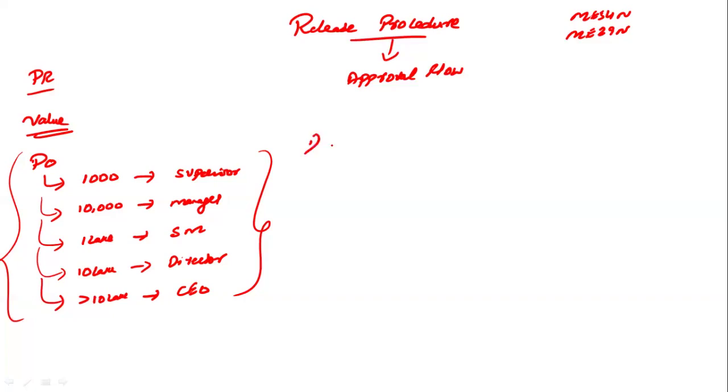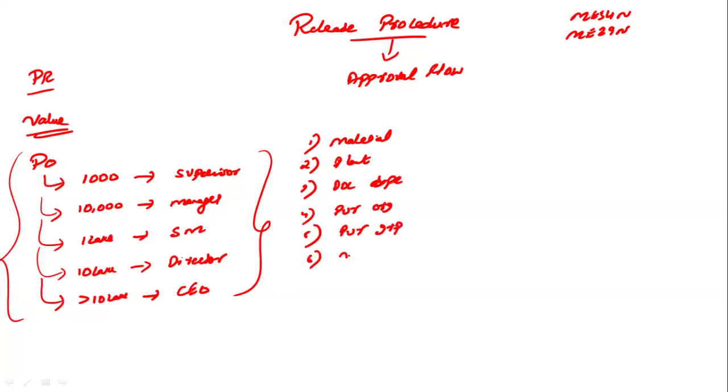For example, we fill material, we fill plant, we fill document type, we fill purchase organization, we fill purchase group, we fill value. So all these are the information we fill in the purchase requisition. We still have more fields, but these are the main fields which are impacting the purchase.